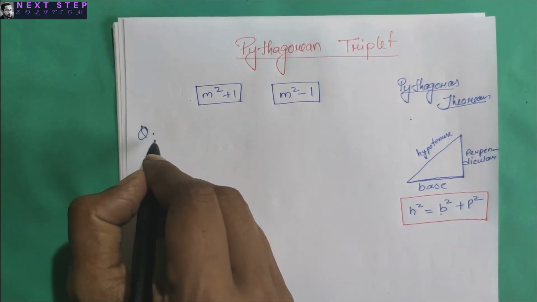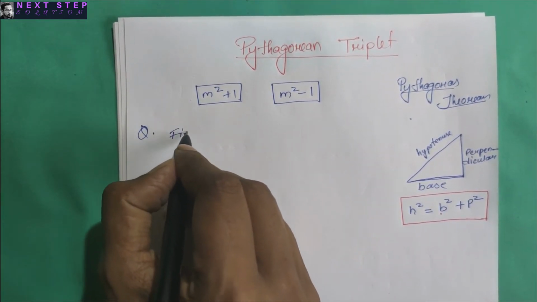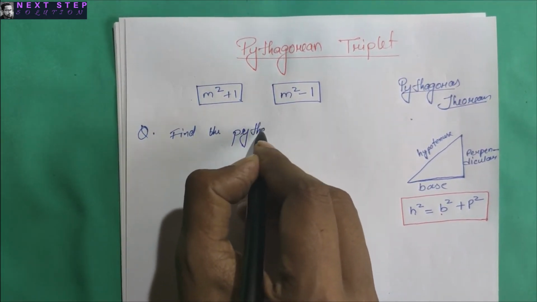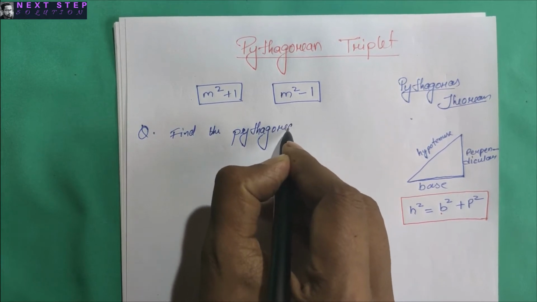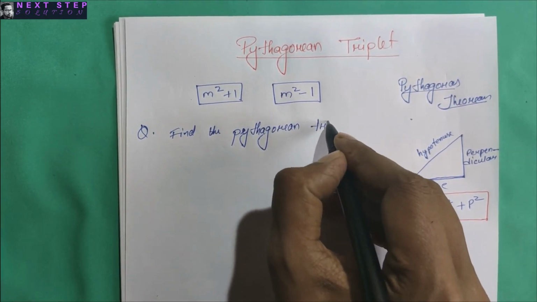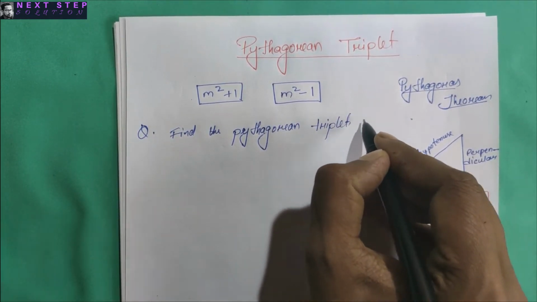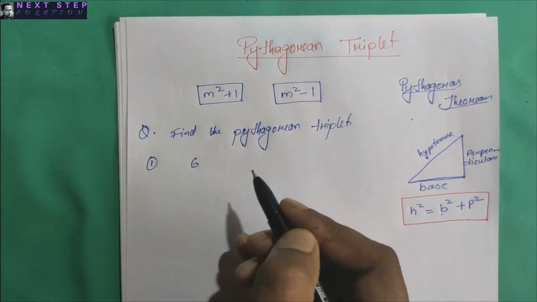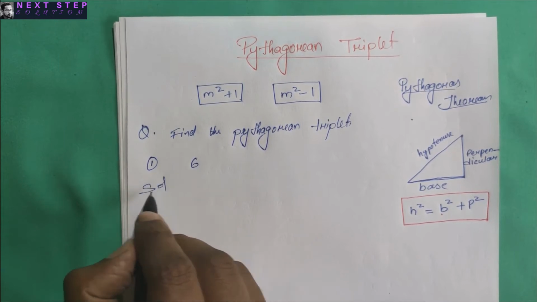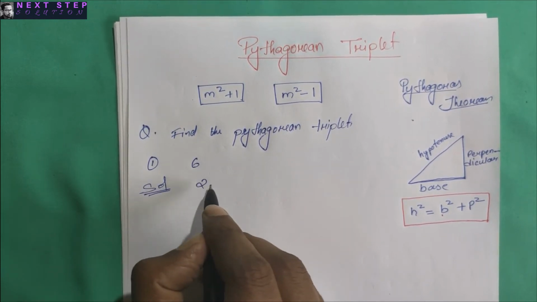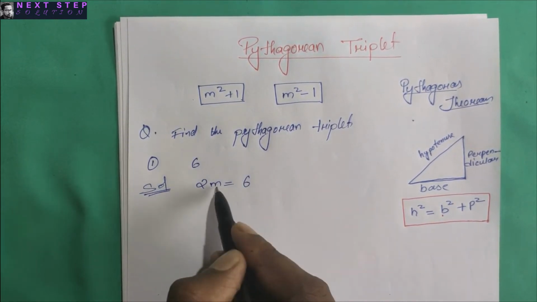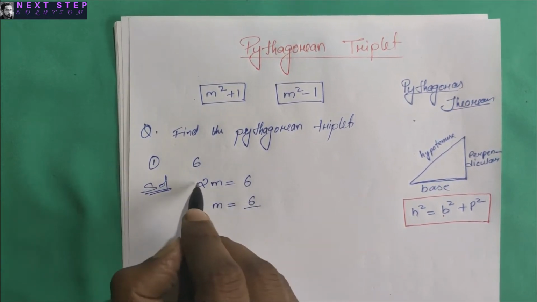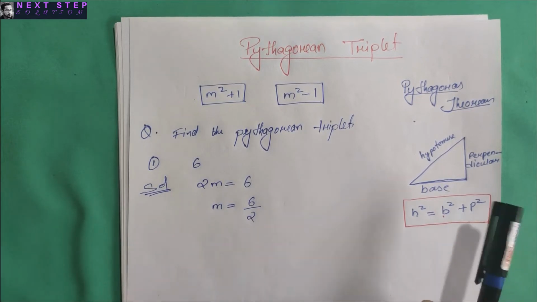Suppose find the Pythagorean triplet. Suppose the number given is say 6. First of all, we will take it as 2m equals 6, and we will first find out what is m here. m equals 6 divided by 2.